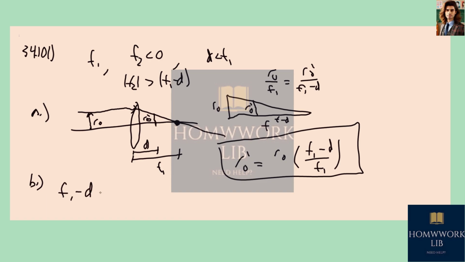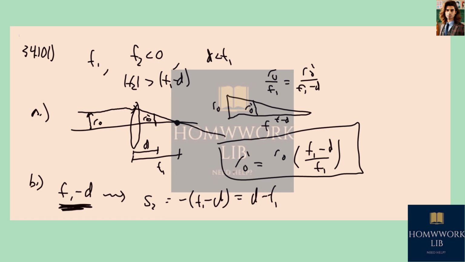We know that the image is formed at a distance f1 minus d to the right of the second lens. Sorry, this is the image of just the first lens, from what we did above. So the image of just the first lens is formed at this distance, and now we can rearrange that to the object distance for the second lens. If this is to the right, we just have to make this negative, which is the same as flipping this.